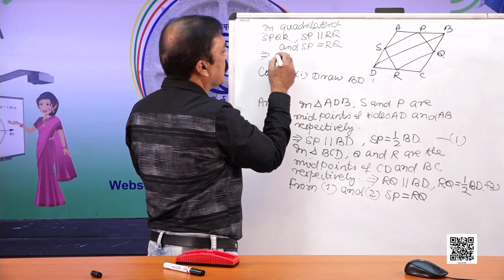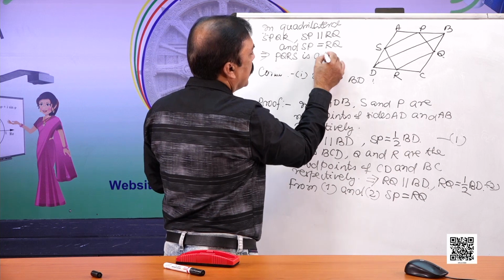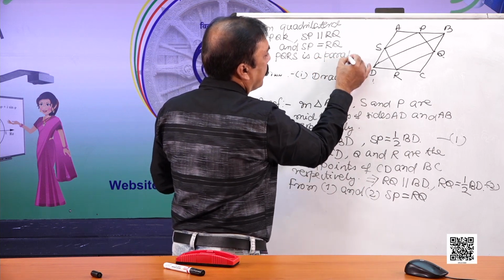This shows that PQRS is a parallelogram.